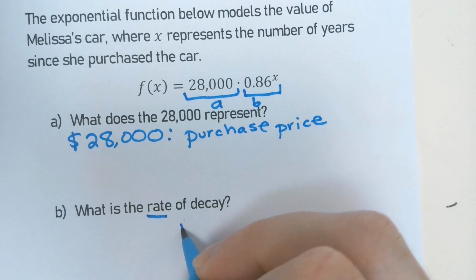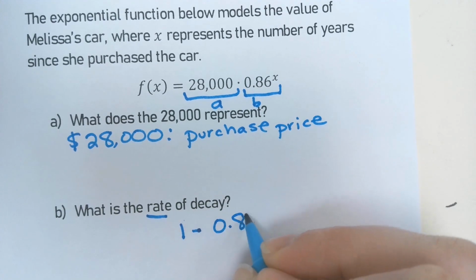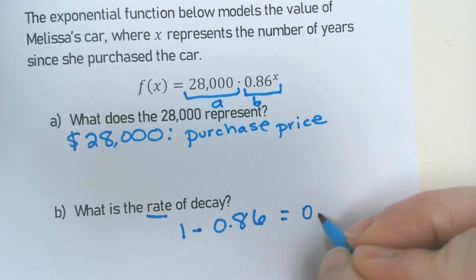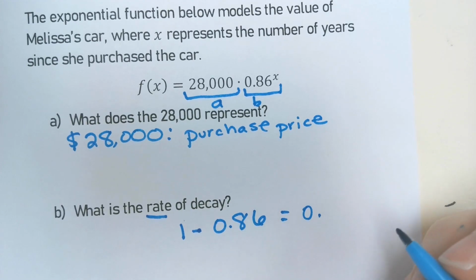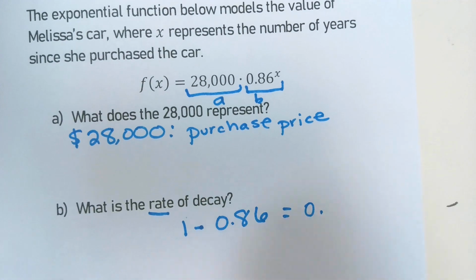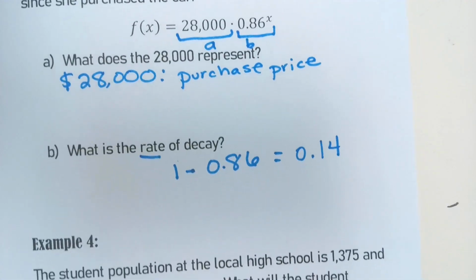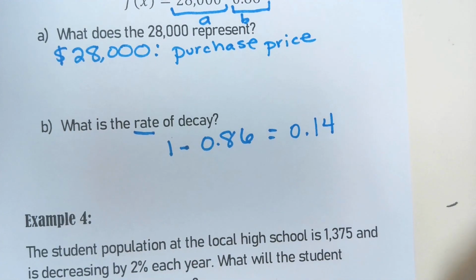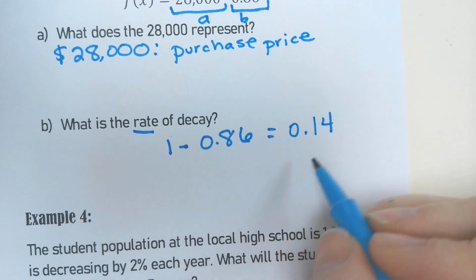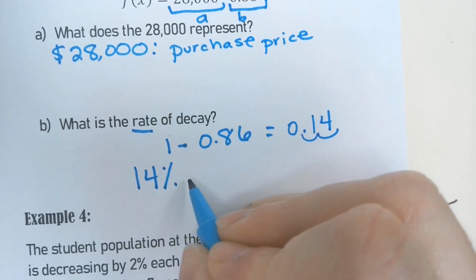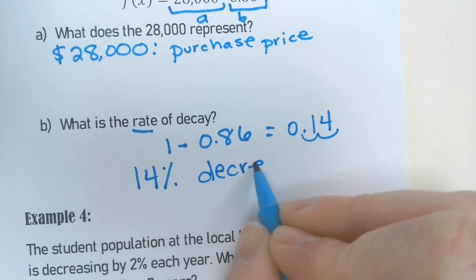So we do 1 minus 0.86. 0.14. Then to write it as a percent, we move it over 2 places. It's a 14% decrease every year.